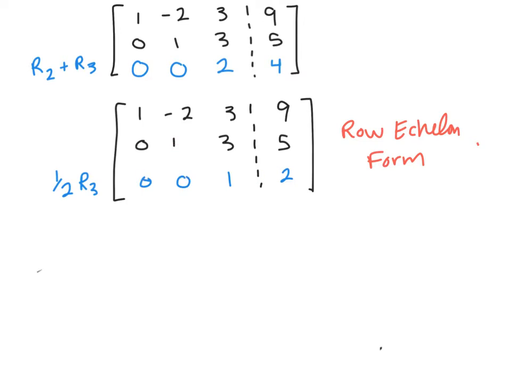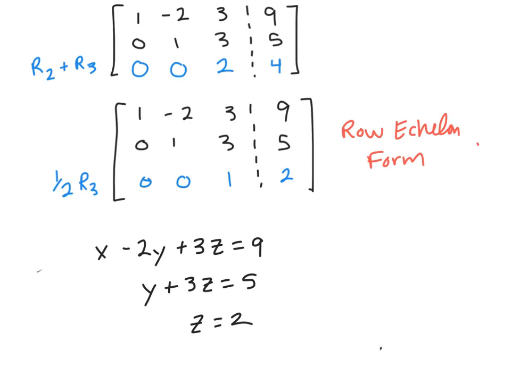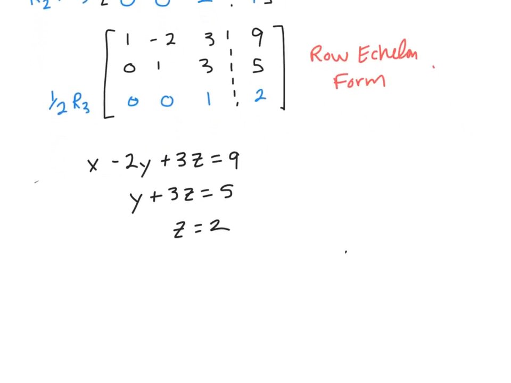So now I'm going to take our matrix and rewrite it back as a system of equations. So that first row says x minus 2y plus 3z equals 9. And then we have 1y plus 3z equals 5. And then we just have z equals 2. So now we can start the process of back substitution.